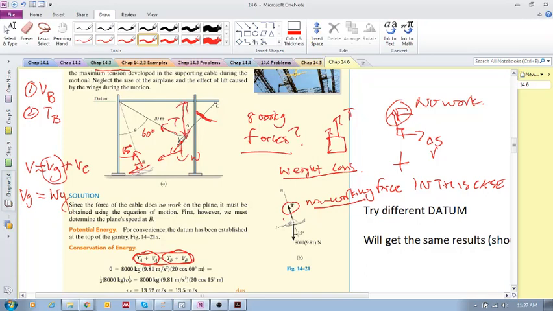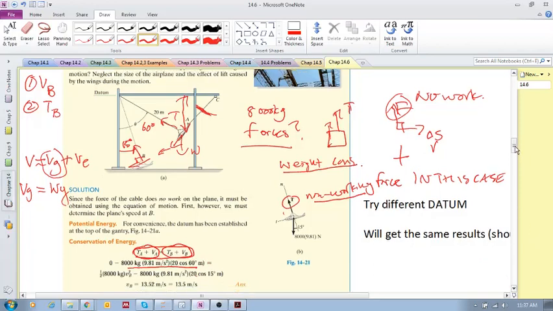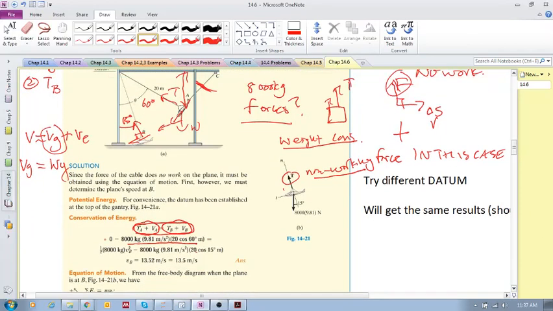So we're going to have minus W, the weight, times this height over here, which is 20 cos 60. So there's my weight, mg times 20 cos 60, and it's negative because it's below the datum. And there's no spring force, so there's no potential energy due to the spring. So this is all at state A.